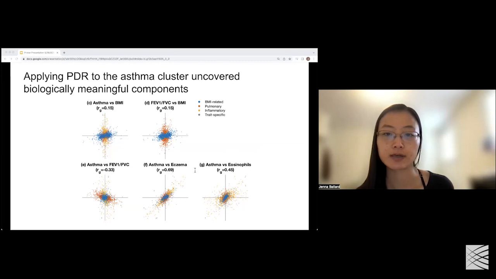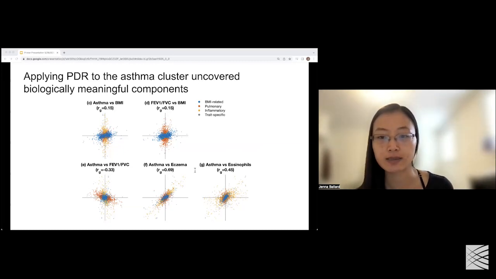We also note that there are non-transitive genetic correlations between BMI, asthma, and FEV1/FVC, where BMI is positively correlated with asthma and FEV1/FVC, but FEV1/FVC and asthma are negatively correlated.